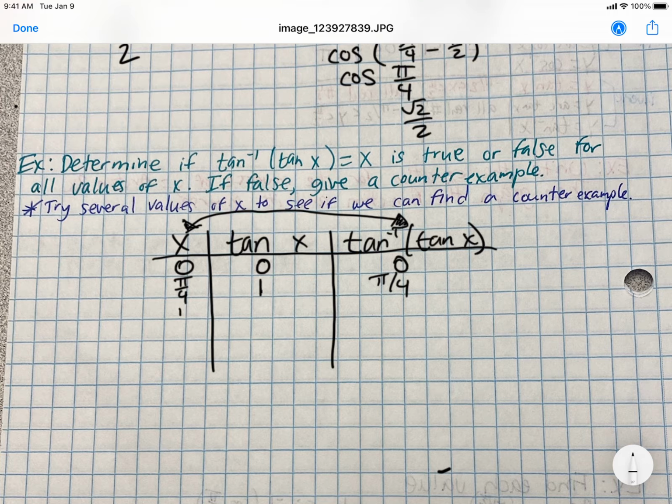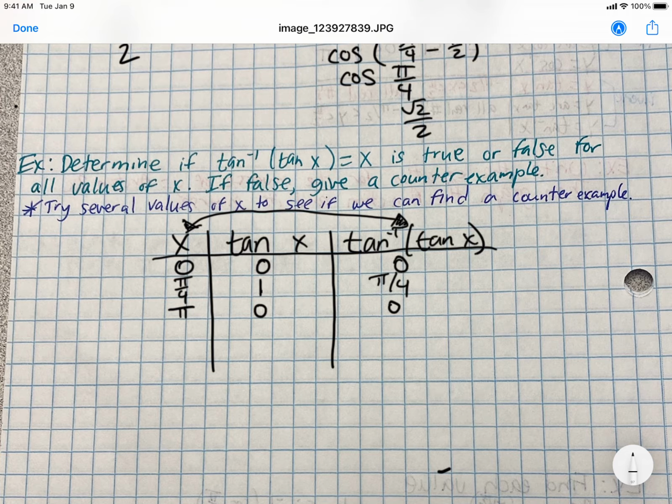All right, let's try out pi. If we plug in pi, the tangent at pi is 0. The inverse tangent of 0 is 0.